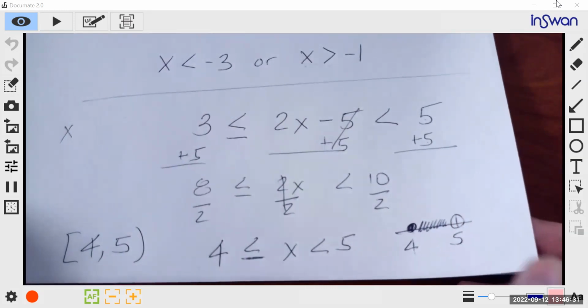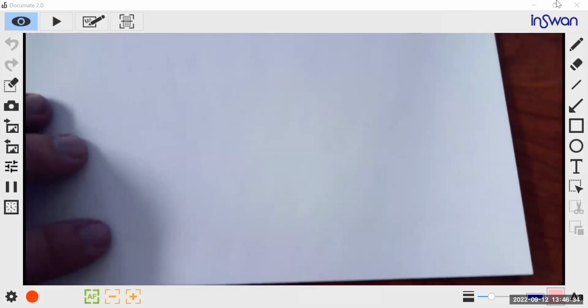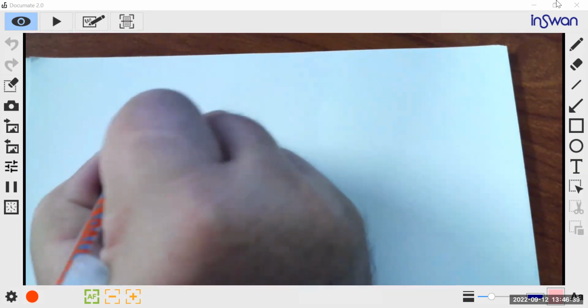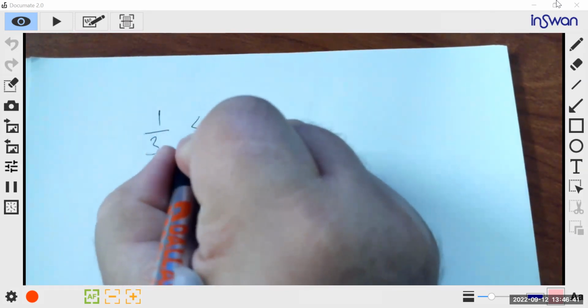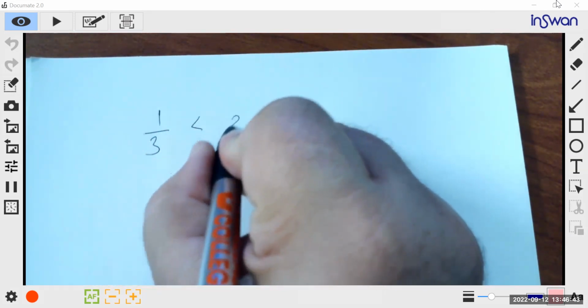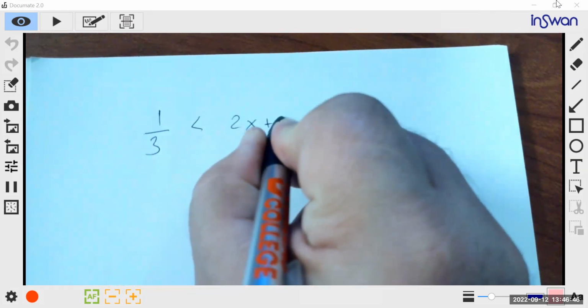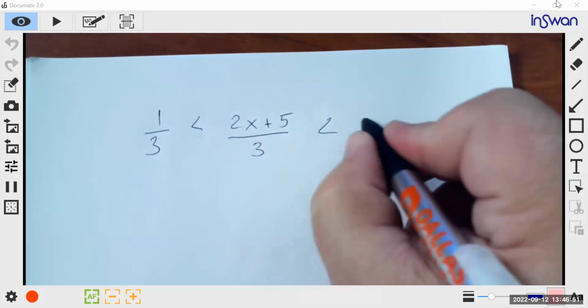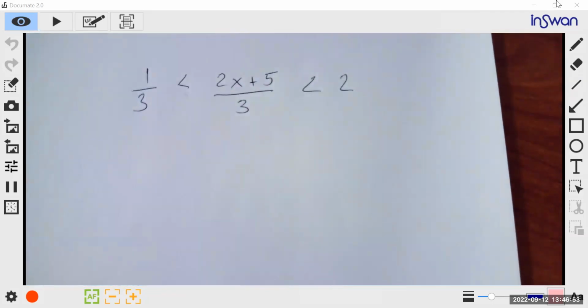Let's look at one that has fractions, since you guys asked for it. The logic is still the same. Remember what the rule was whenever you had fractions and equal signs?